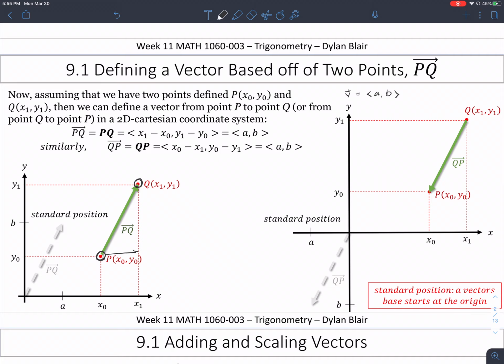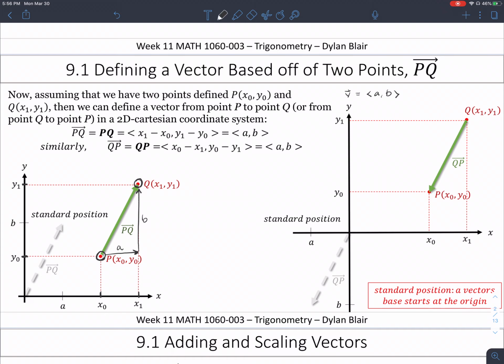In order to get this a to be positive, we want to take x1 minus x0, and that's going to give us that distance. And in order to find the positive distance going upward to give us this b, we need to take y1 minus y0, because that's going to give us a positive vertical distance b.